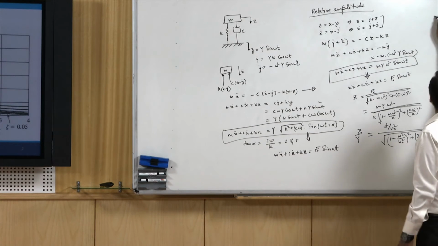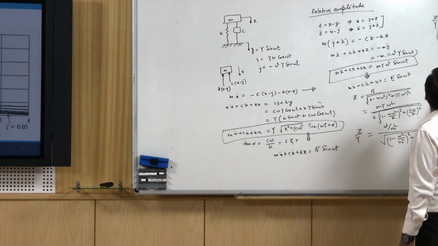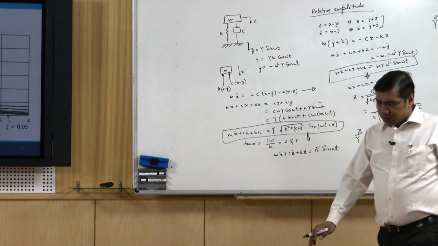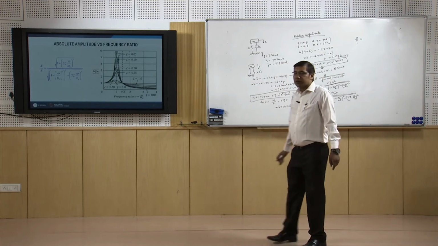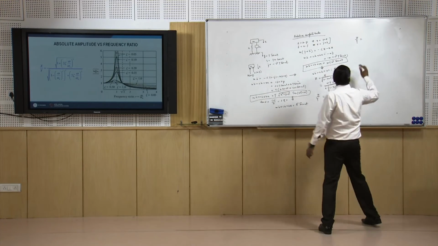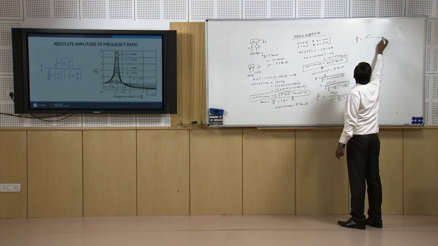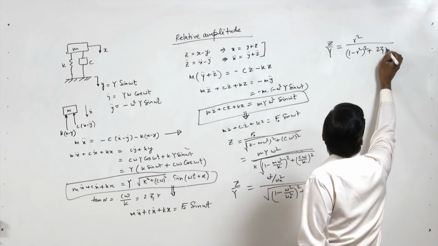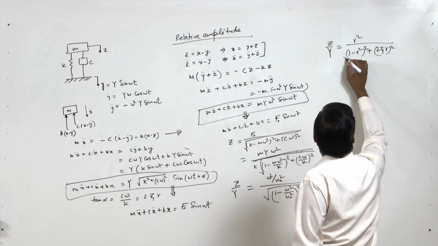So we can write z by y equal to, so omega by omega n is the frequency ratio r, so we can write r square upon root of 1 minus r square whole square plus 2 zeta r whole square.